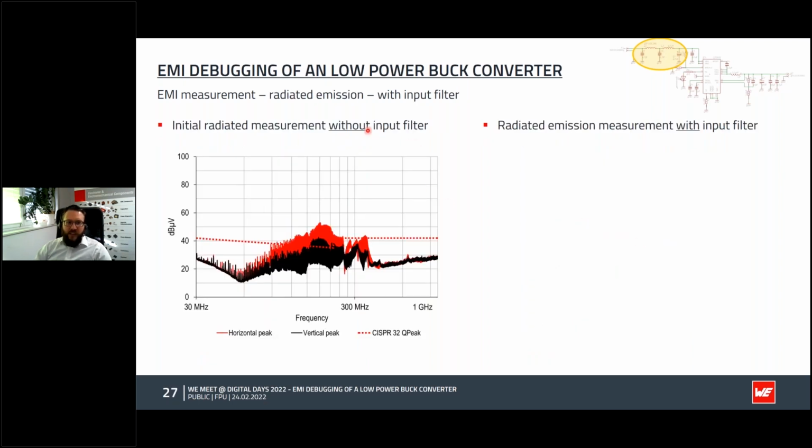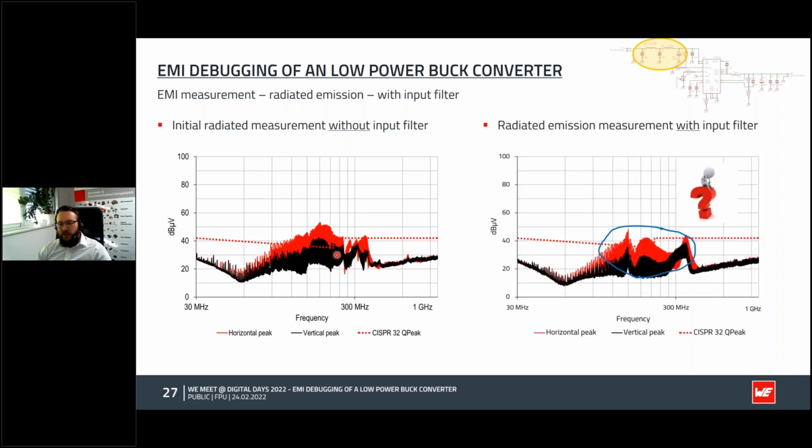Just to make a recap about the radiated emission measurement. Here on the left side, without the input filter, this was what we had in the beginning, and then we did a measurement with the input filter, and also with the combination of this polymer and MLCC, because it would lead to a good conducted result.